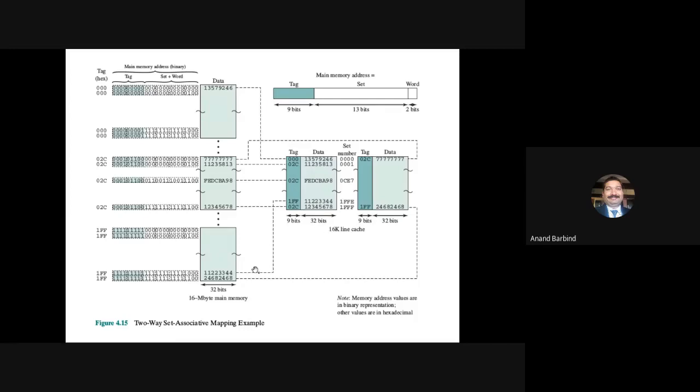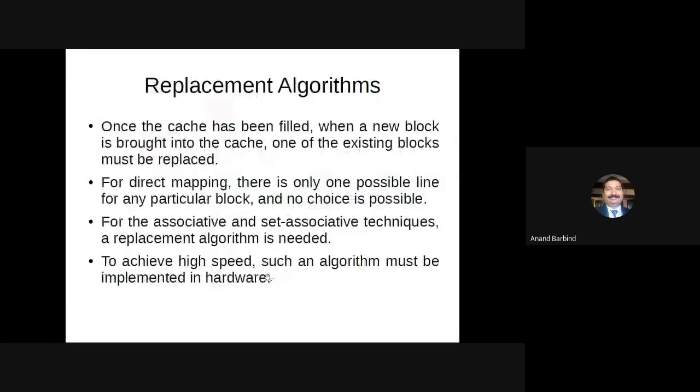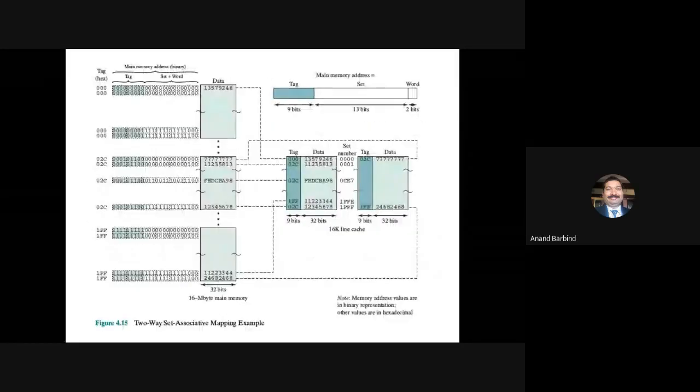This is how set associative mapping works. This is the example. Next is the cache replacement algorithm, which we shall see in the next class.